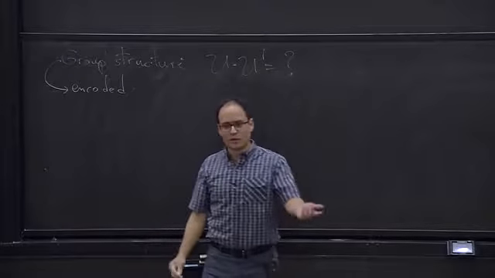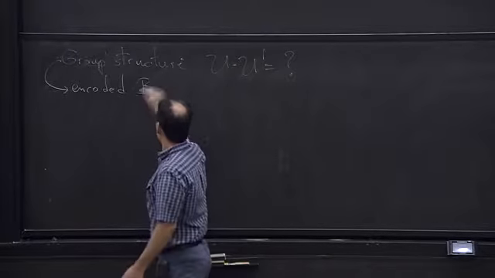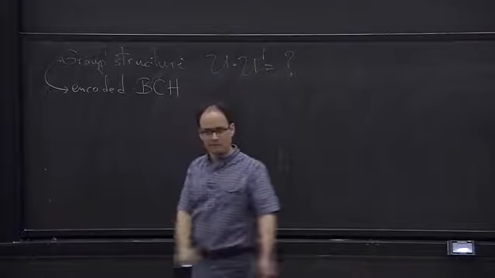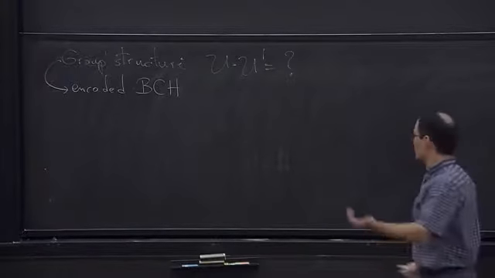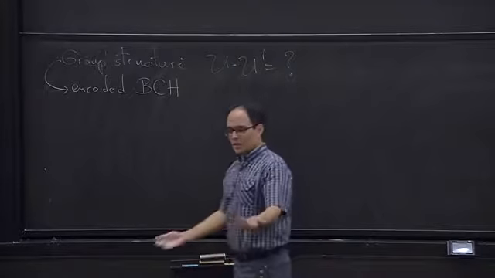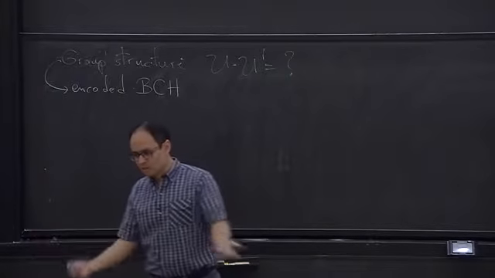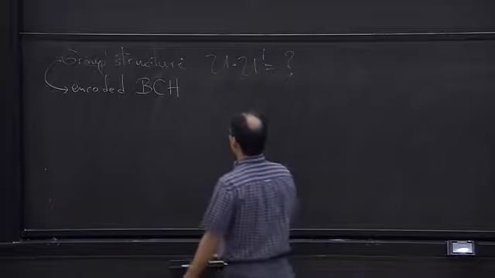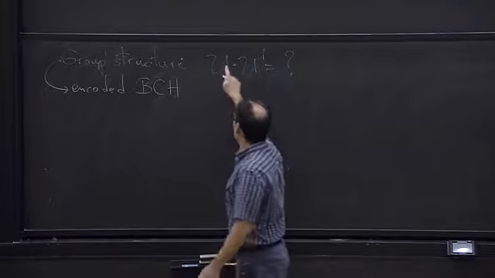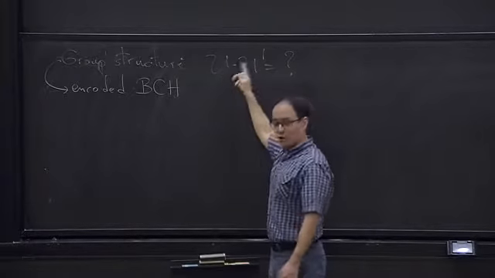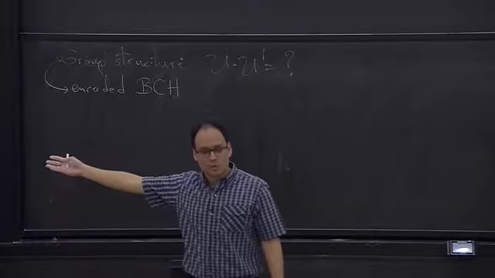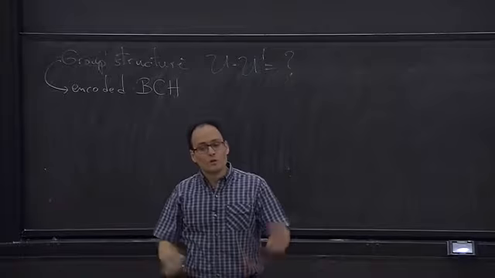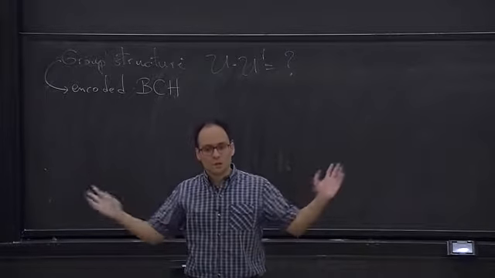Well, you all know this famous Baker-Campbell-Hausdorff formula, right? From the time you were studying spins and quantum mechanics. This formula tells you that in order to know what the product of two matrices does, if you write them as the exponential of another matrix, all you have to know is all the possible what?